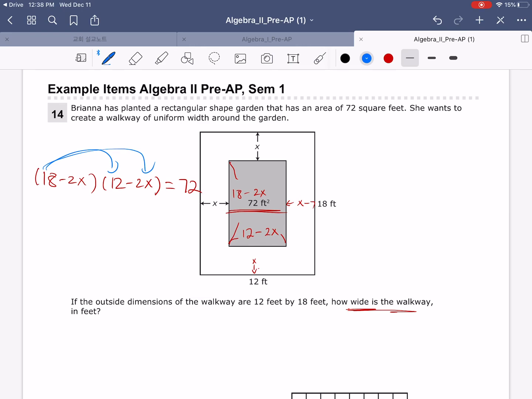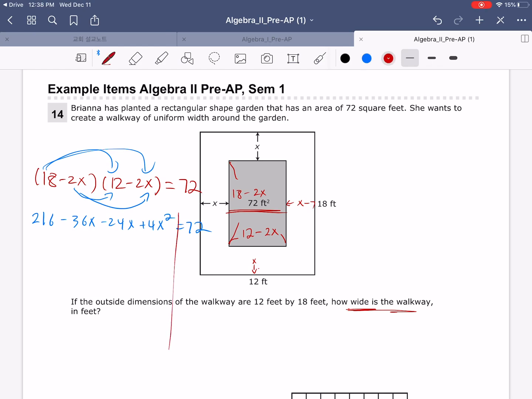18 times 12, 216, I believe. 18 times -2 is going to be -36x. -2 times 12 is going to be -24x. -2 times -2 is going to be +4x squared, is equal to 72. Easy.